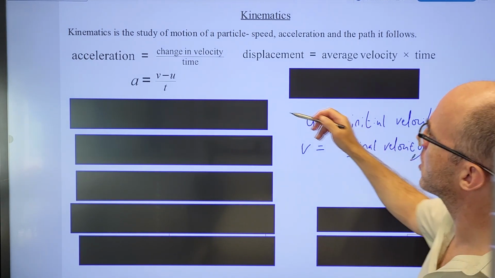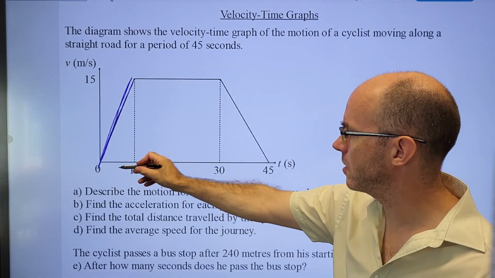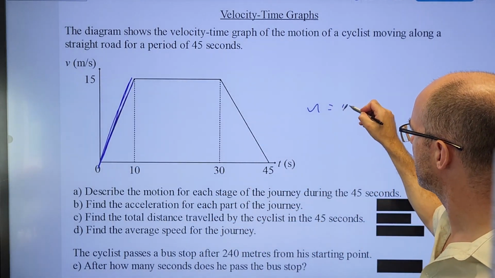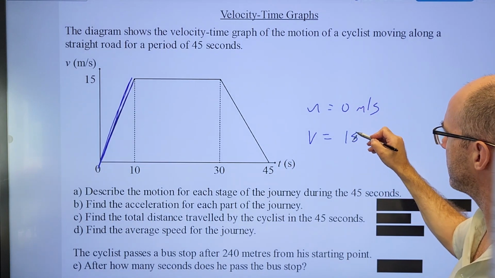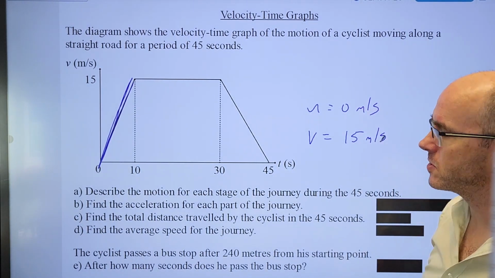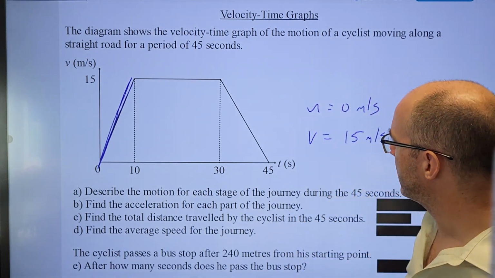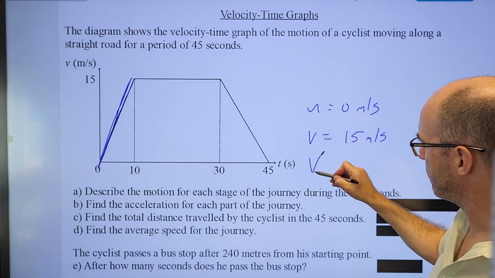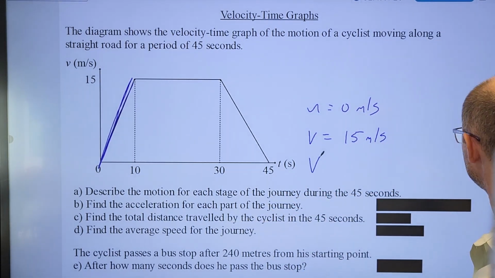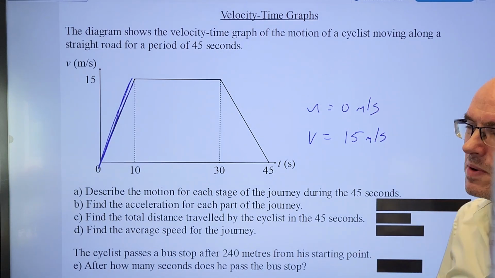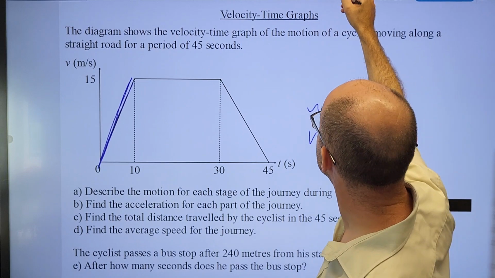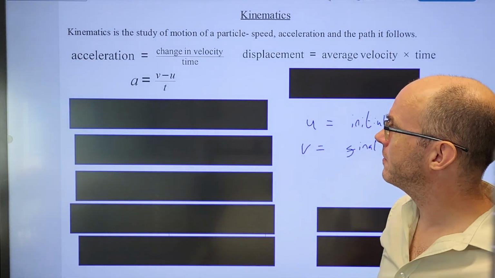So going back to this, in this case, U would have been 0 meters per second, and V would have been 15 meters per second. Sometimes I distinguish between my U's and V's by that's a clear vertex on my letter, and that's a clear bit coming down. Otherwise my handwriting, yes, I know it's not the best, but there you go.